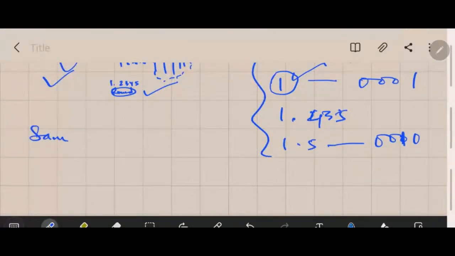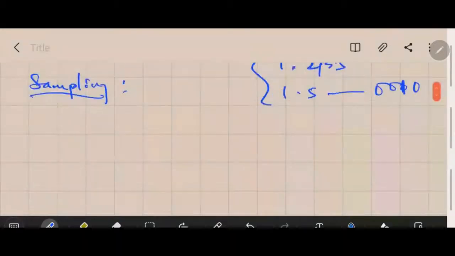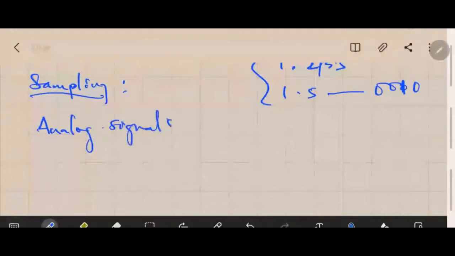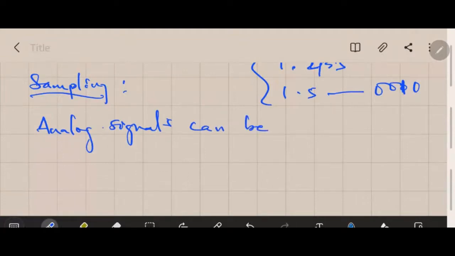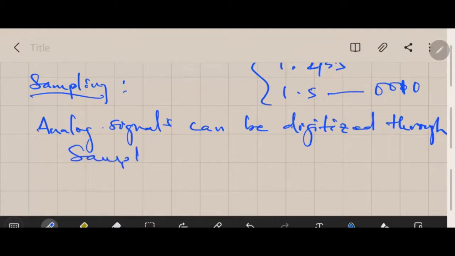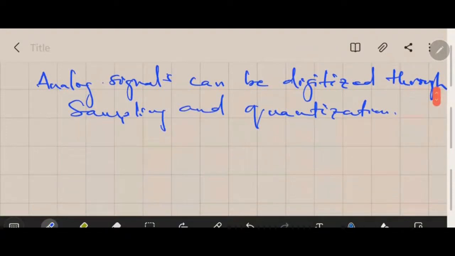So first is sampling. As we have already discussed, if you have analog signals, they can be digitized through sampling and quantization. So you could note it down: analog signals can be digitized through sampling and quantization.